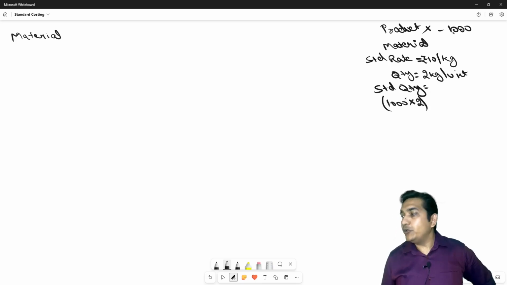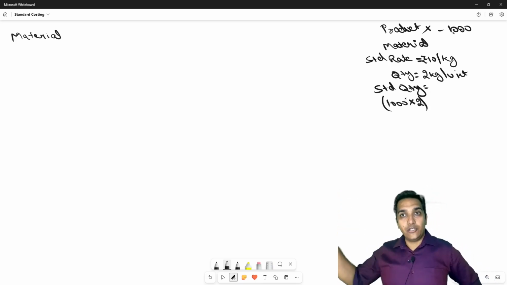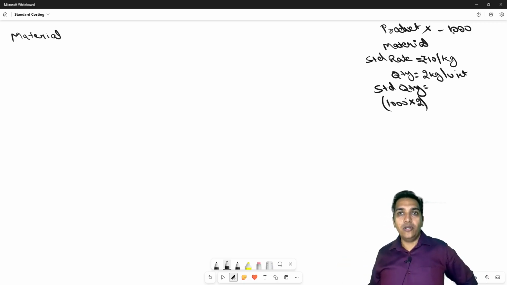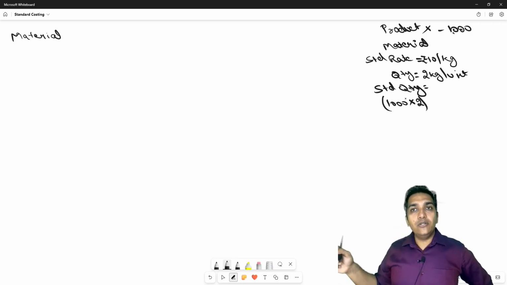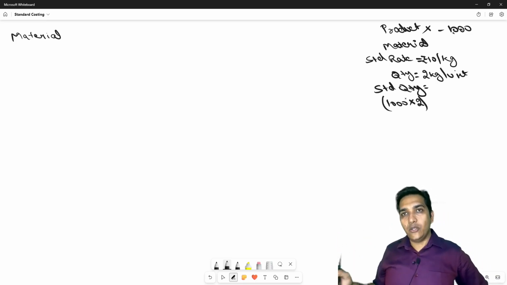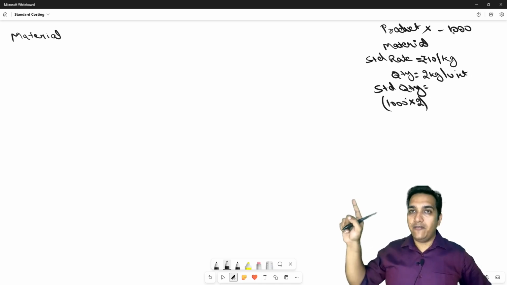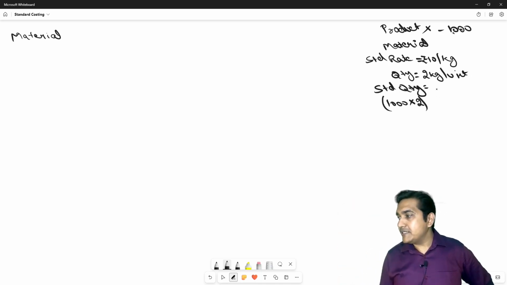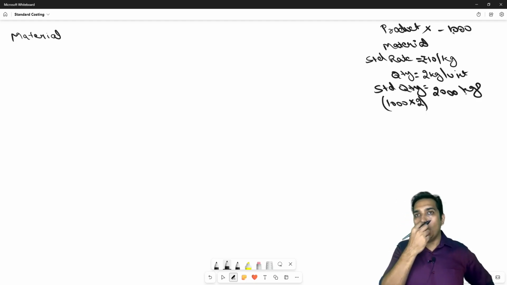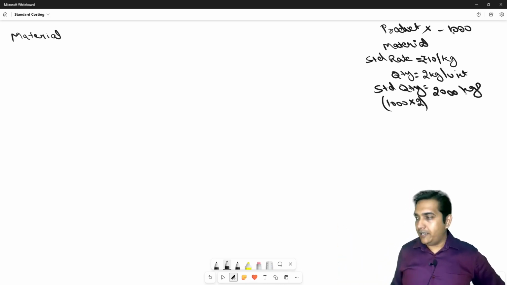Why 1000 into 2? 1000 is my planned output, or you can also take it as my actual output, and 2 kgs per unit is the quantity required to manufacture product X. So this is my 2000 kgs. This is my standard quantity.